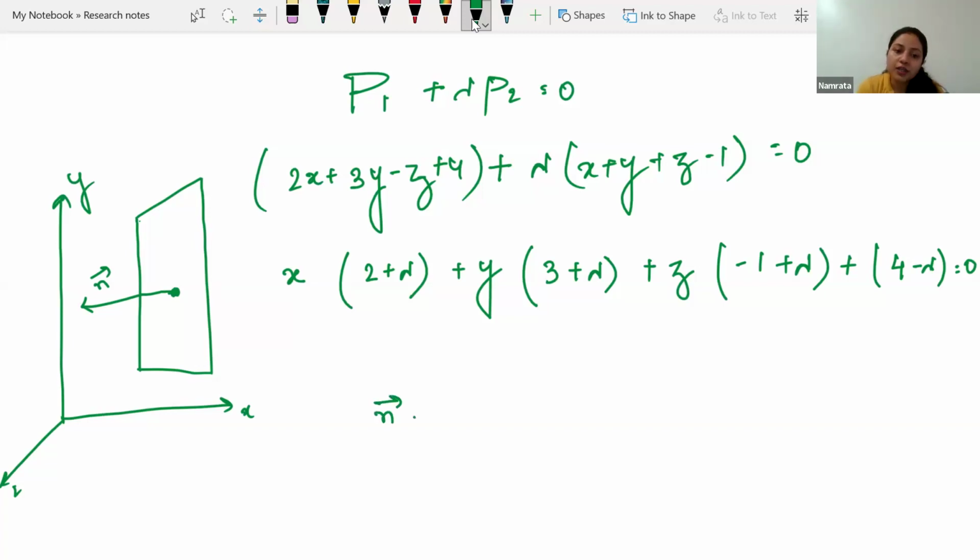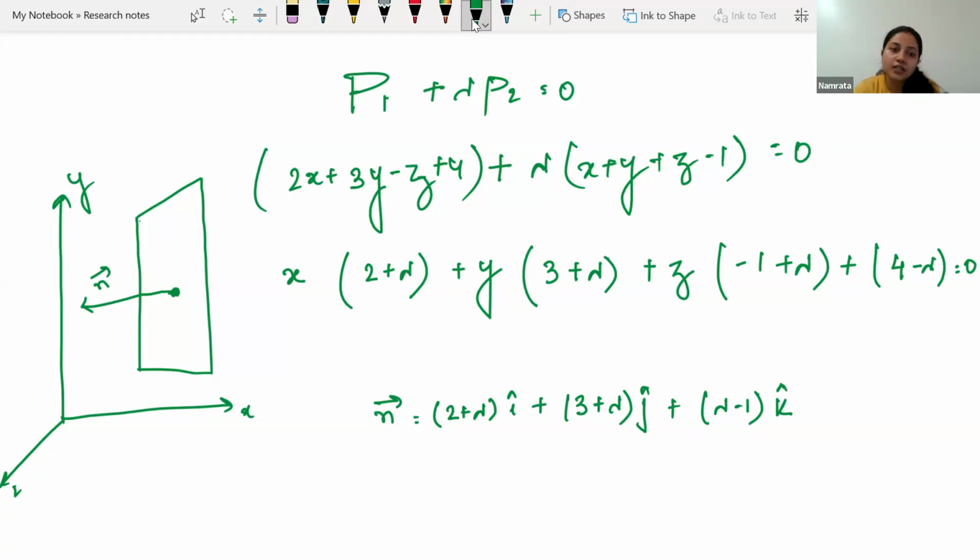Normal to this plane will be 2 plus lambda, x coefficient with i cap, y coefficient with j cap, z coefficient with k cap. This is the normal to the plane which we have created now. Okay, now we will say this is perpendicular to y-axis.